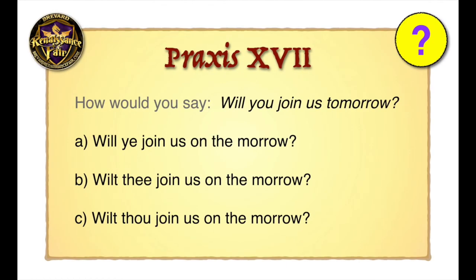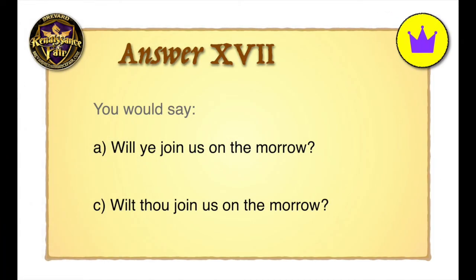How would you say, will you join us tomorrow? Will ye join us on the morrow? Wilt thee join us on the morrow? Or wilt thou join us on the morrow? There are two correct answers. Answer A and answer C are both correct.